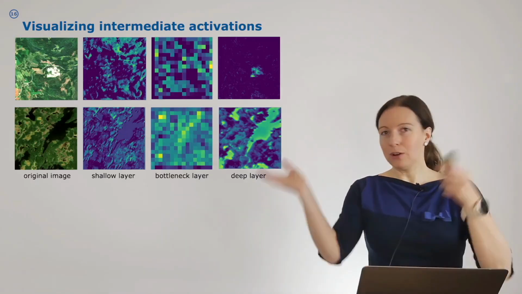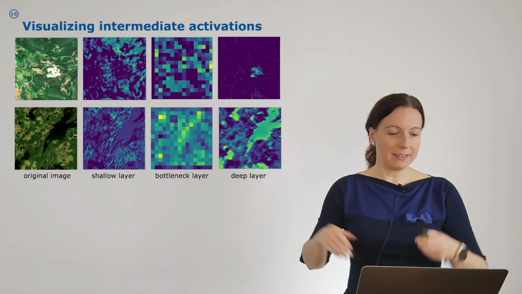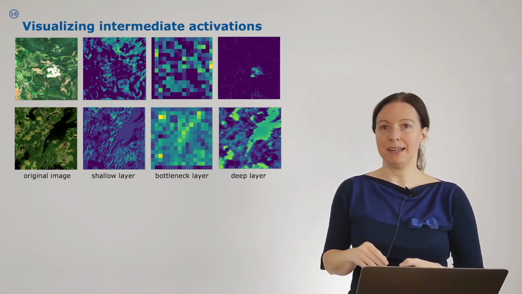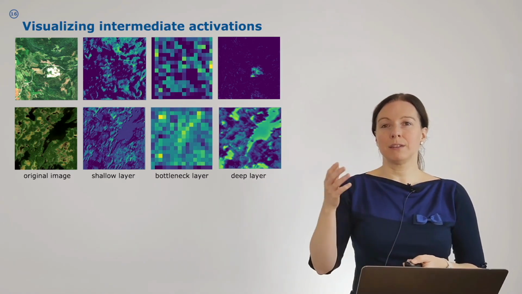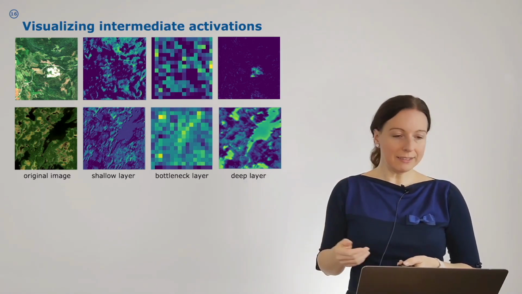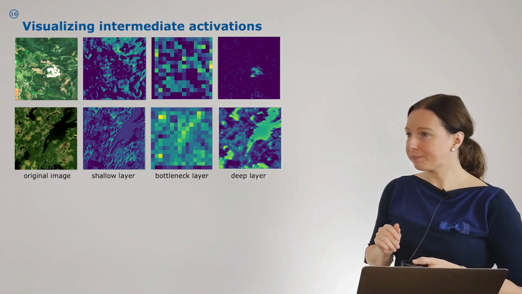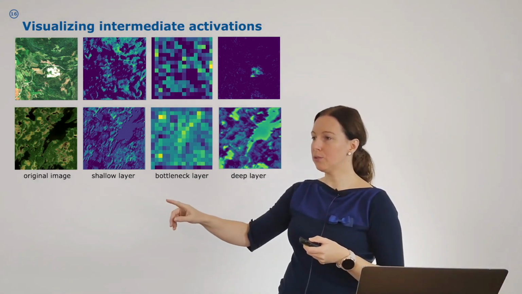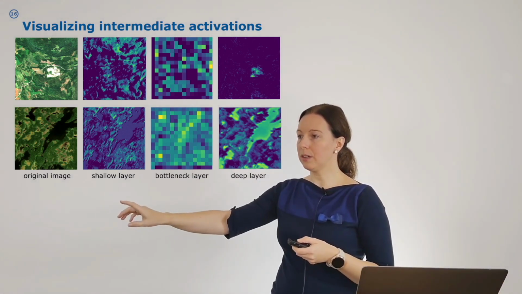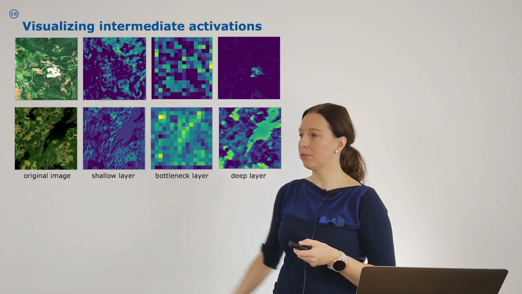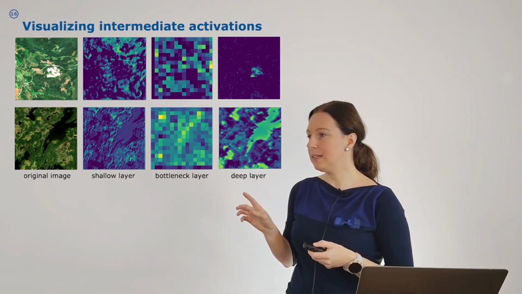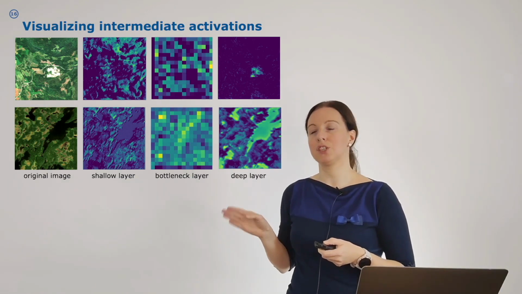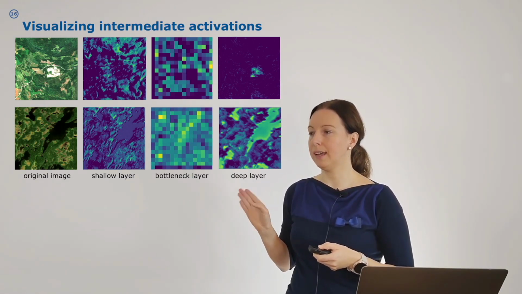So let's go away from the weights and have a look at the intermediate activations. Let's come back again to our projected versus anthropogenic data set. Here are two images in the first column from our data set. And what you can see here are the activation maps in a shallow layer, in the bottleneck layer, and in the deep layer.